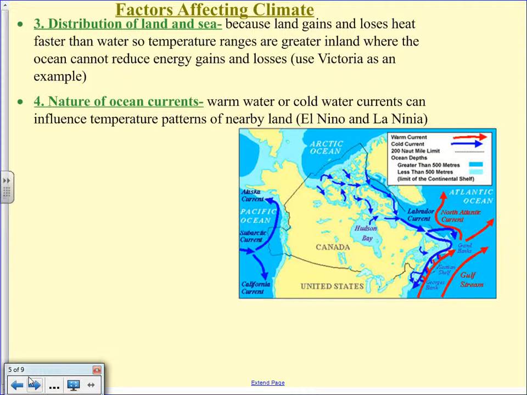The Atlantic Ocean is a little different because it is a lot colder. It's a lot closer to freezing than the Pacific Ocean is, and here's why: the nature of ocean currents. If you look at Newfoundland and Labrador, they've got an ocean current that's coming from the Arctic Ocean, the Beaufort Sea, Hudson Bay, that kind of area.